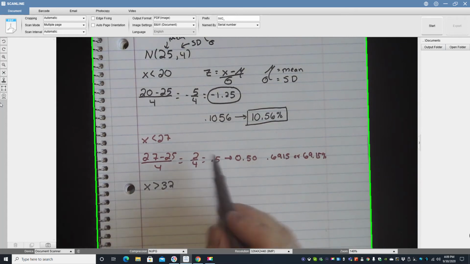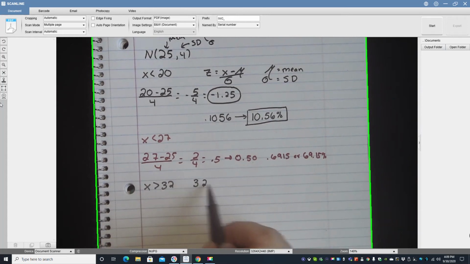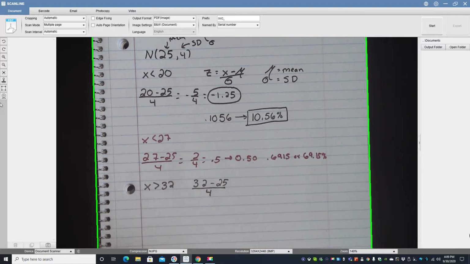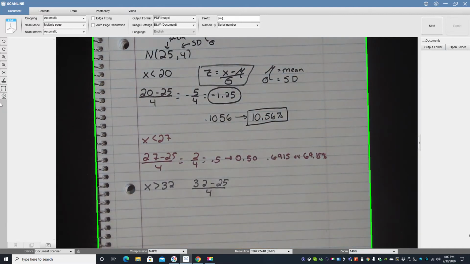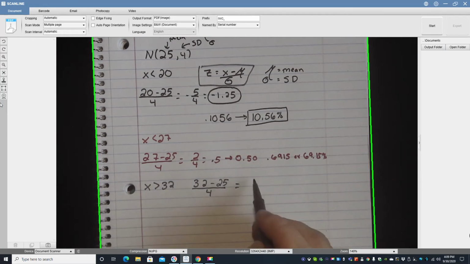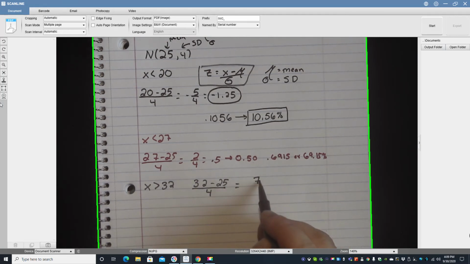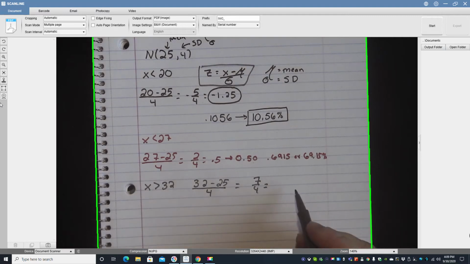Okay, so 32 minus 25. We're still going to go the same route. We're still going to plug it into the formula that's all the way back up here. 32 minus 25 equals 7, so that gives me 7 divided by 4, which gives me 1.75. And I'm still going to look it up in this chart.